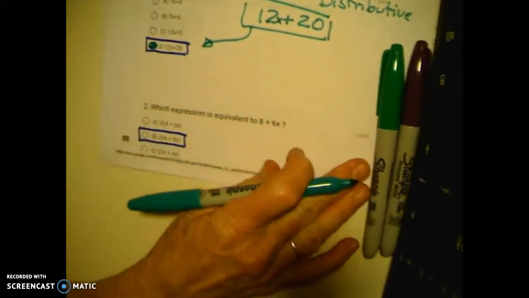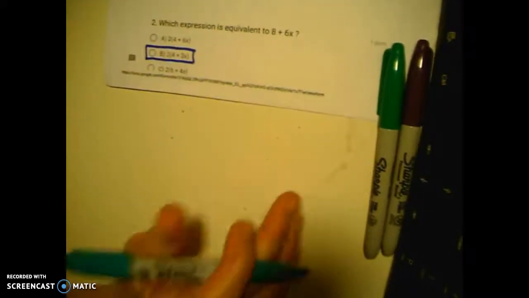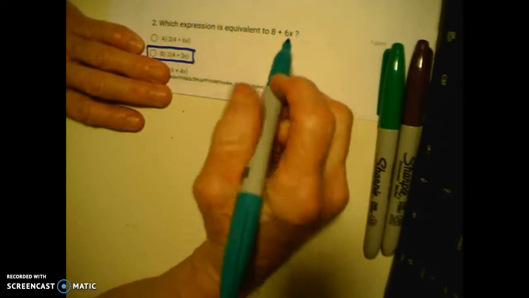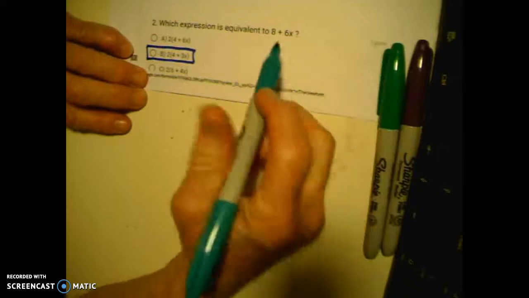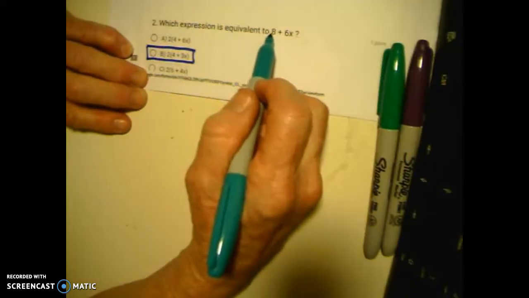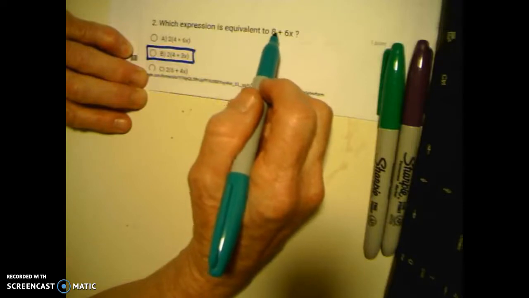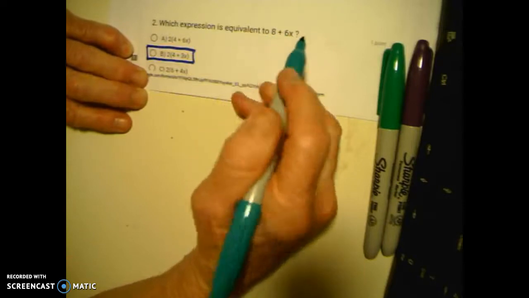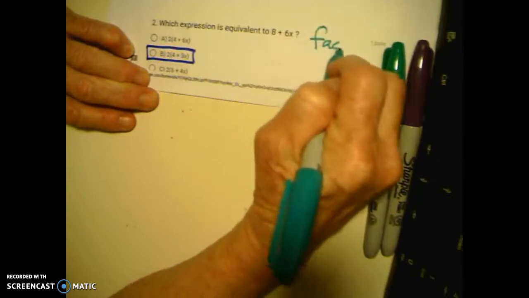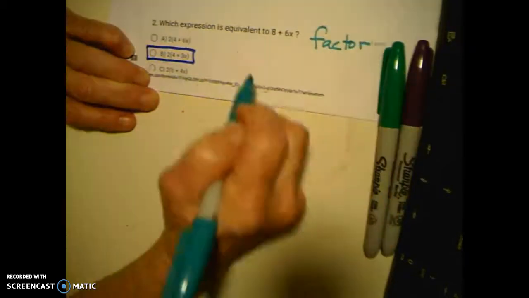Question number 2. Which expression is equivalent to 8 plus 6x? In this case, I have to work backwards, and I have to think, well, what times something gives me 8, and what times that same thing gives me 6? So I'm actually going to factor, which is the opposite of distribute.